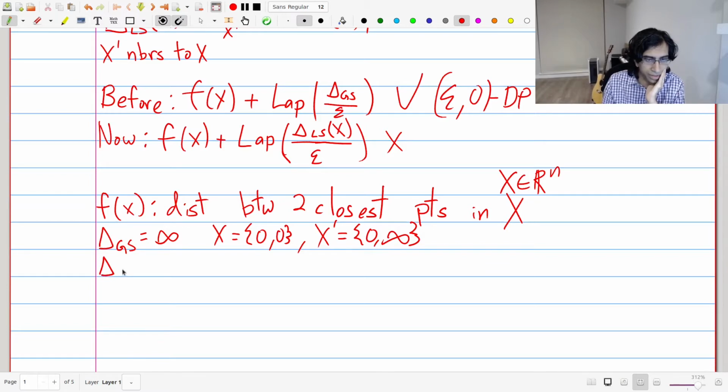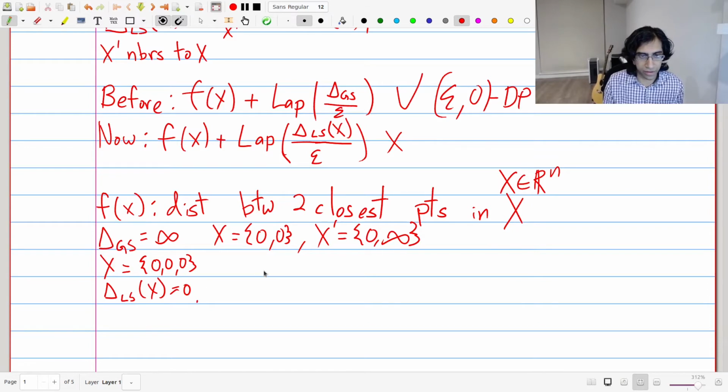So let's consider the following data set: x equals, say, 0, 0, 0. Now, what is the local sensitivity here? It should be pretty easy to see that any neighboring data set will also have f of x equal to 0. My claim right now is that delta LS of x equals 0.